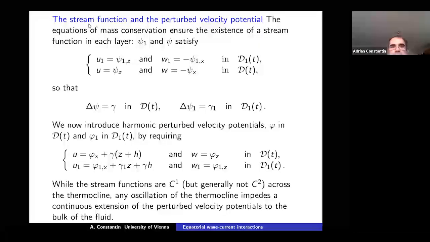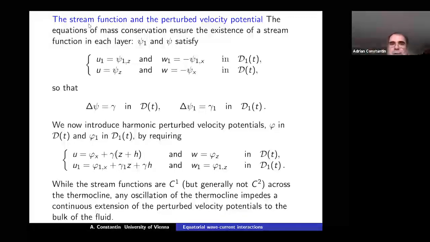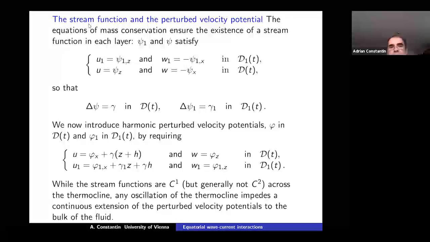So in the sense that, what I'm looking for is, I don't want to introduce things in the, if I write u minus gamma z plus h, that will be harmonic. And this is how I find the phi x and the phi z, okay?